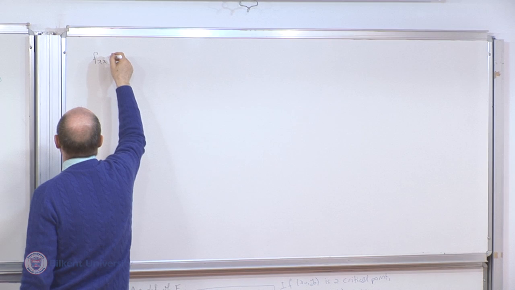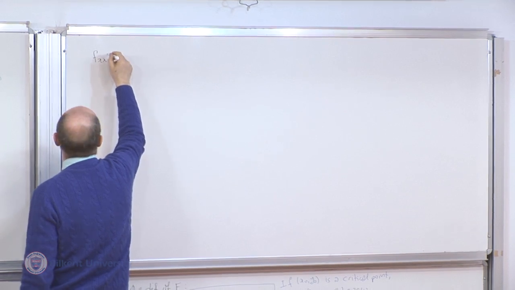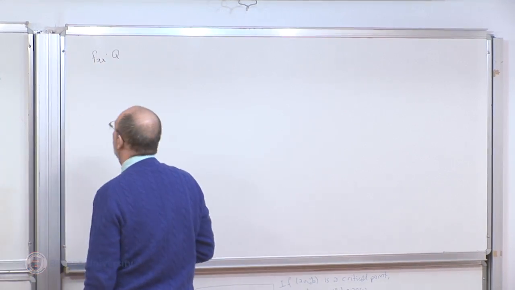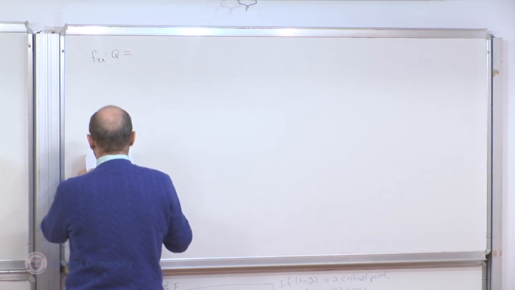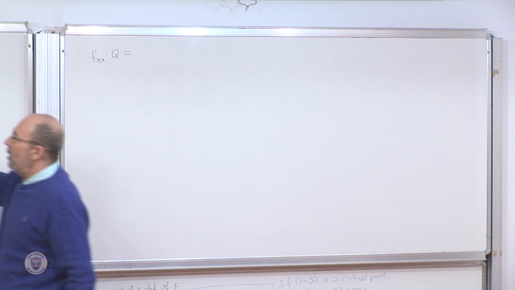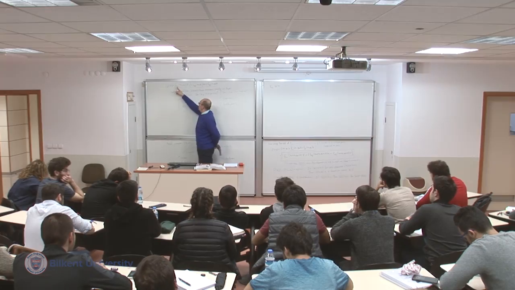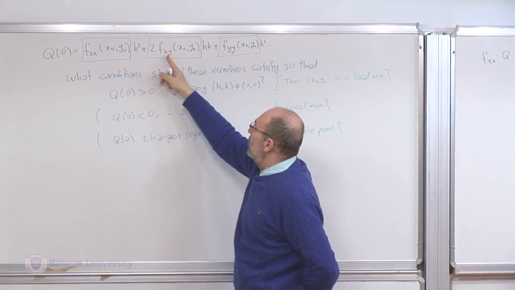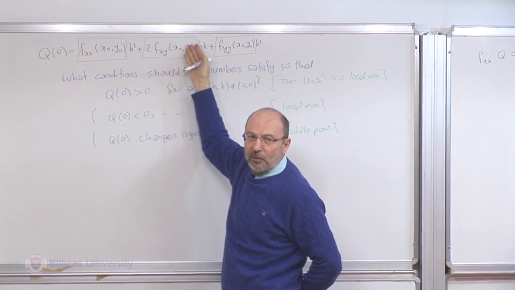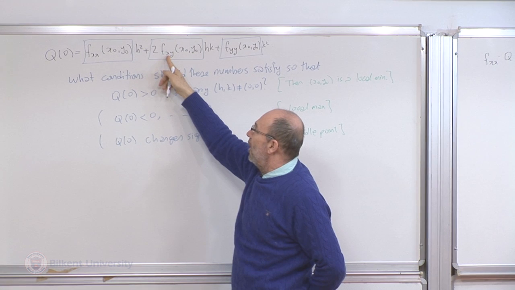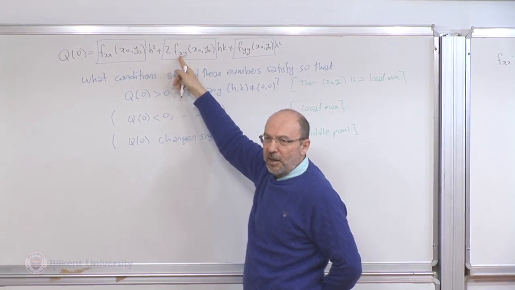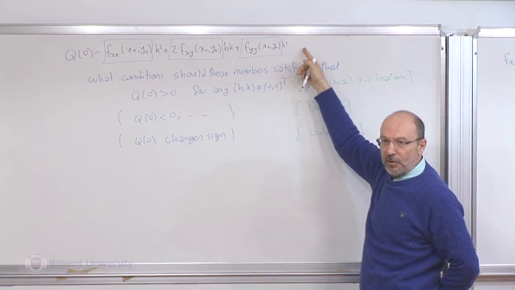It's understood that all are evaluated at x sub 0, y sub 0, Q evaluated at 0. So this is equal to, after rearrangement, so you see here I have square of this plus 2 times this. So this is begging to be completed to a square. In order to complete this to a square, I add the square of this. Since I added that, I subtract the square of this from here.